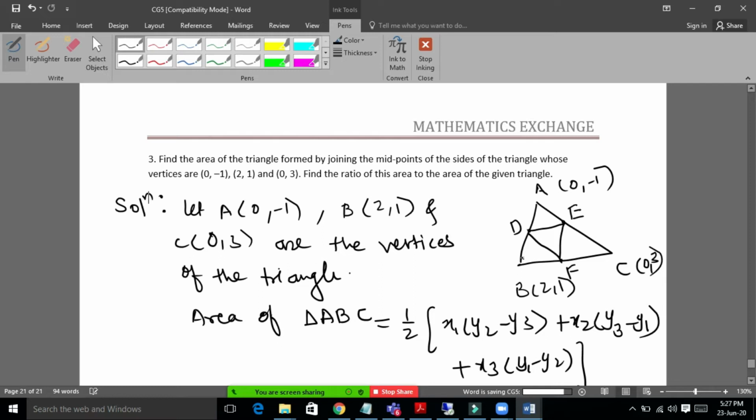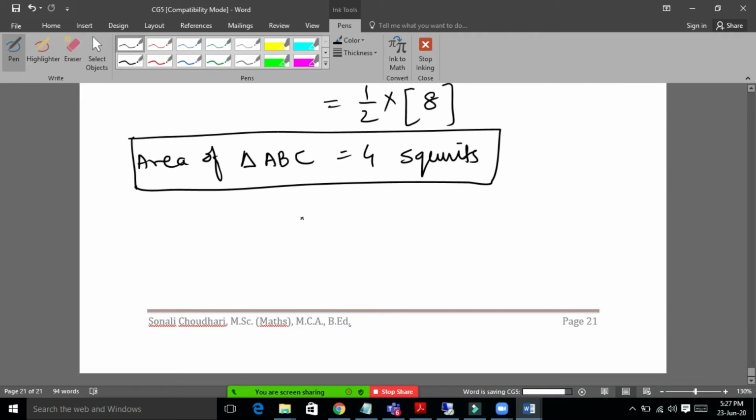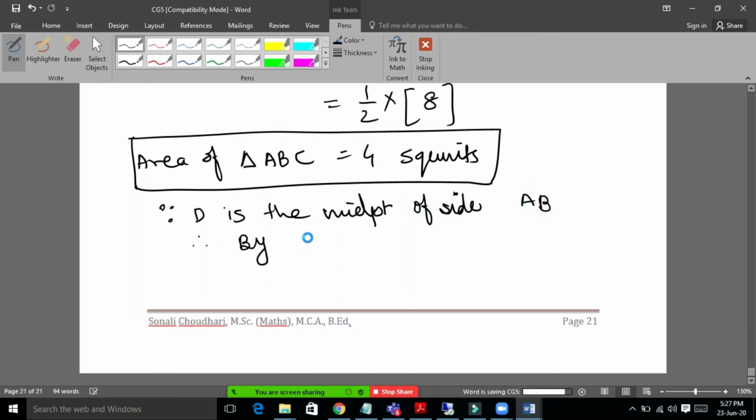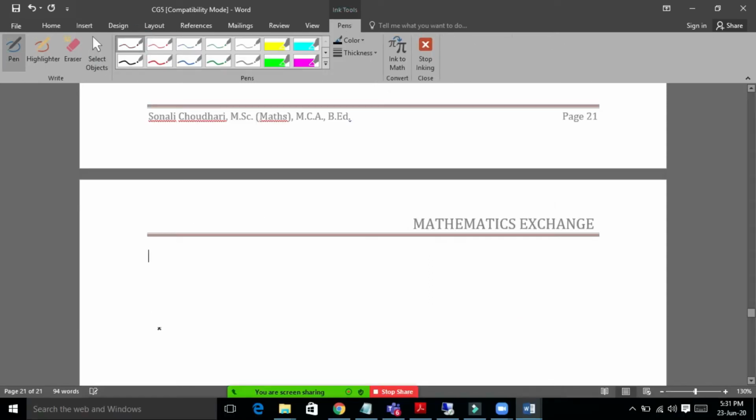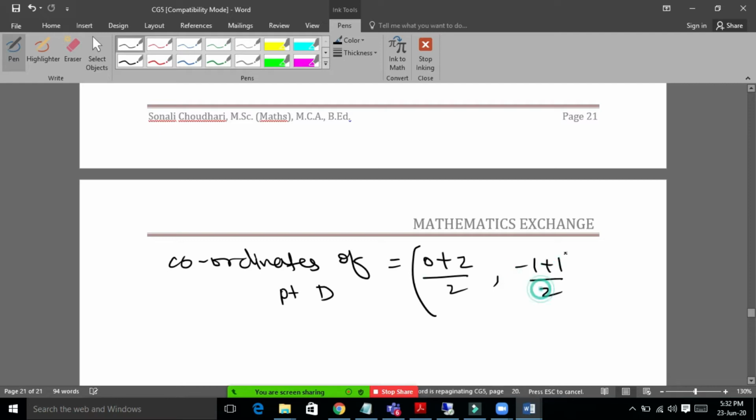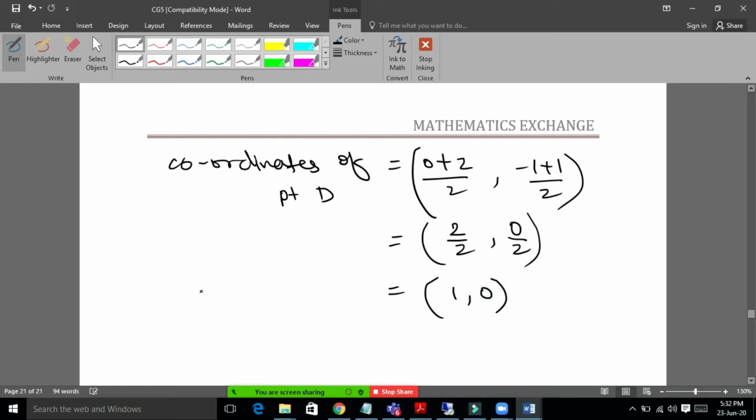Since D is the midpoint of side AB, therefore by the midpoint formula, coordinates of point D are ((x1 + x2)/2, (y1 + y2)/2), so (0 + 2)/2 comma (-1 + 1)/2, that is 2/2 comma 0/2, so the coordinates of point D are (1, 0).